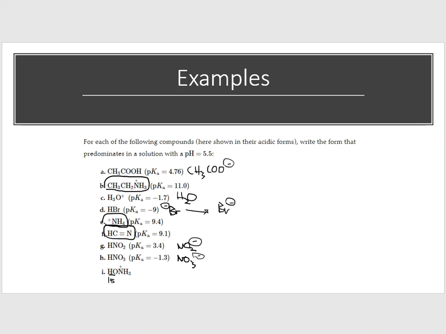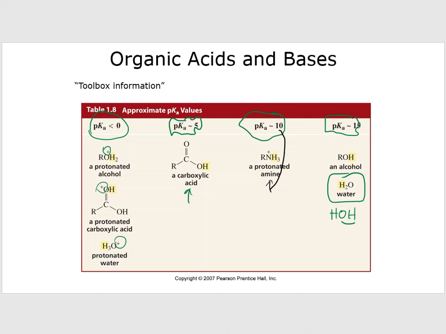But is it to the point where 5.5 is going to play a role? Well, here, protonated amines, if you didn't remember, have pKa's of around a 10. So my alcohol has a pKa of a 15. My protonated amine has a pKa of a 10.